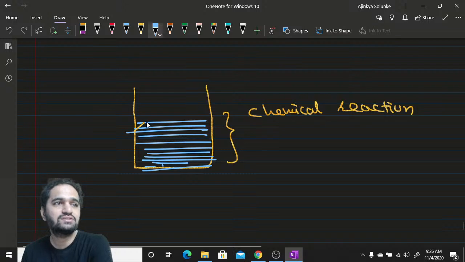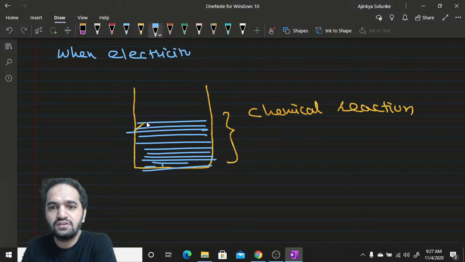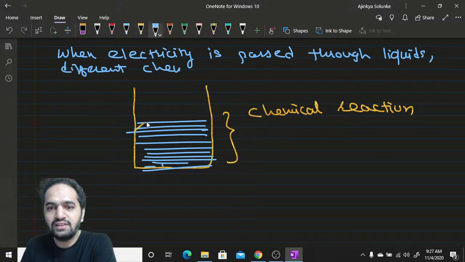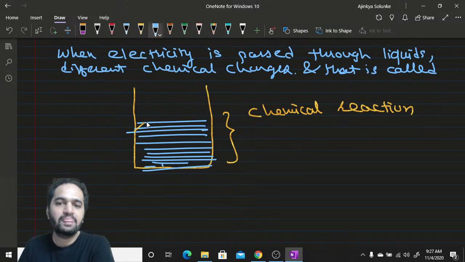We can say when electricity is passed through liquids, different chemical changes take place, and that is called chemical effects of electric current. Are you understanding the definition? When electricity is passed through the liquids, different chemical changes are going to happen, and that is called chemical effects of electric current.